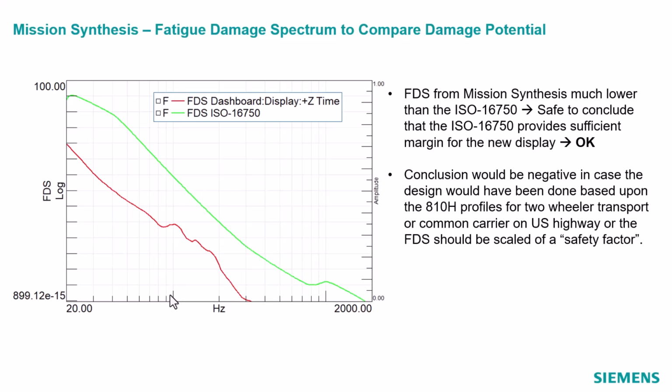What I can conclude here is that the damage potential of this ISO test is much higher than the damage potential from my field data. And that might be good if I am aiming for a very conservative design approach, or I might want to consider testing my part with a less severe PSD, in that perhaps I'm introducing some failure mechanisms that my part would not normally see in the field because of how aggressively I'm testing it on the shaker table.